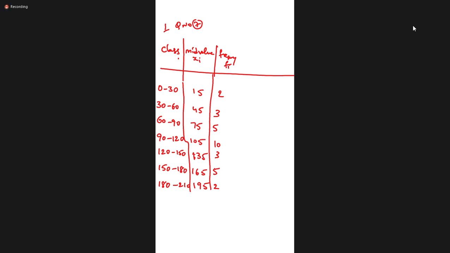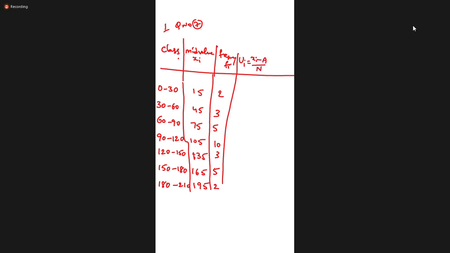So here, this is a shortcut type of question. When classes and frequencies are given and they are asking for mean and variance, we have to find ui. U means xi minus A by h.